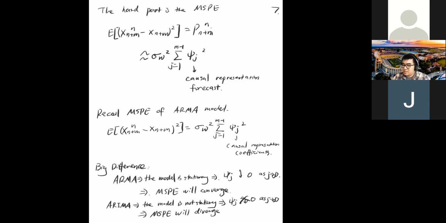We will see an example later. That's a key difference. It looks like a very subtle point, but just by looking at the expressions they are the same, while what those expressions mean is very different. And the reason comes from stationarity.